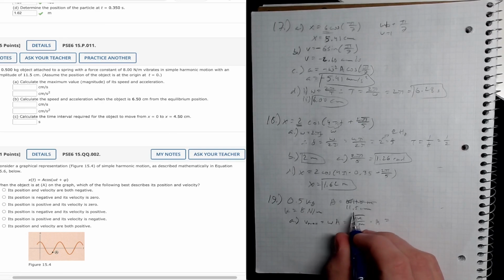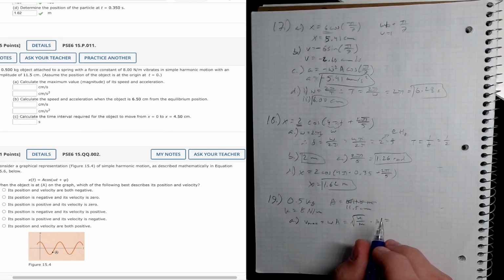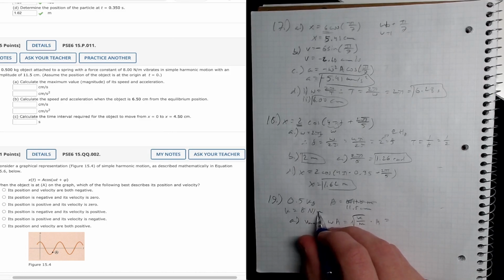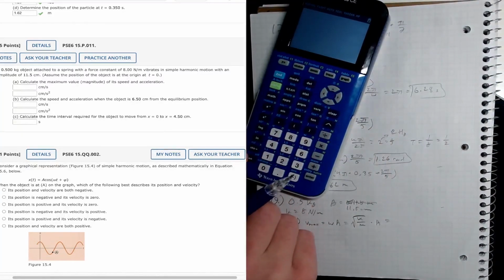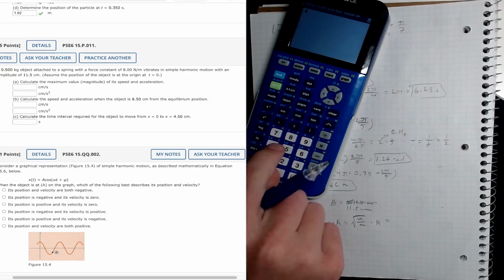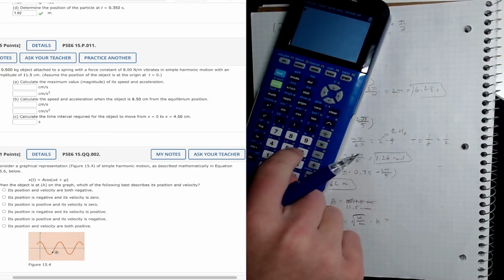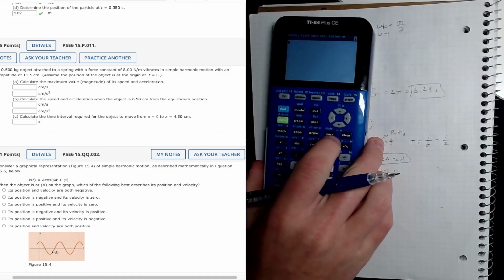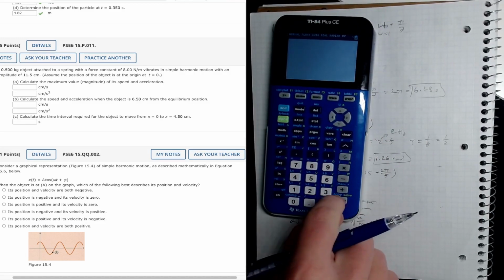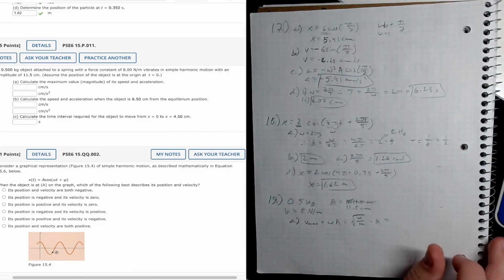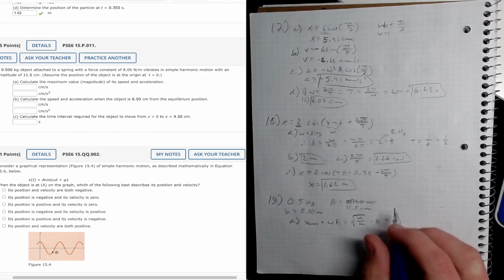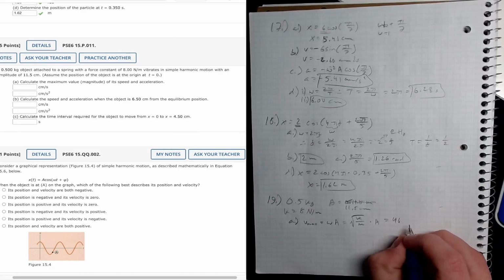So we'll do that: 8 divided by 0.5 is 16, square root is 4, times 11.5 is 46 centimeters per second, I believe.